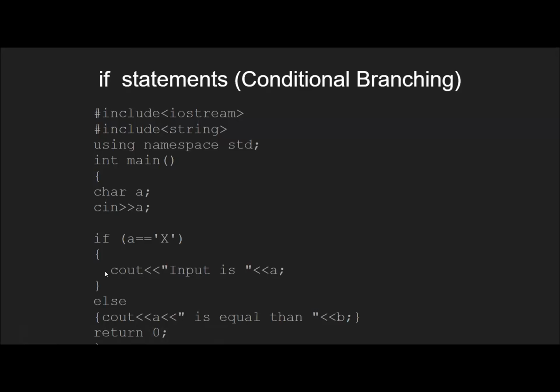It's useful if you have multiple checks. Suppose we want to assign a grade. First you have to check if that person has passed, because if that person has not passed, there is no need for further checking. So first you check if the marks are greater than 45. That is the first if condition.